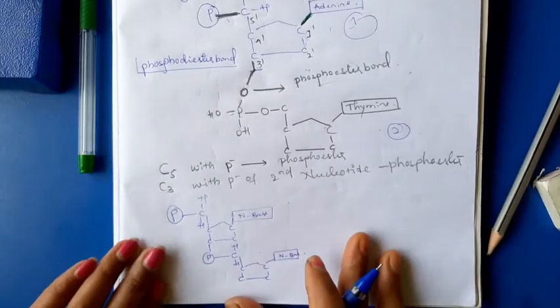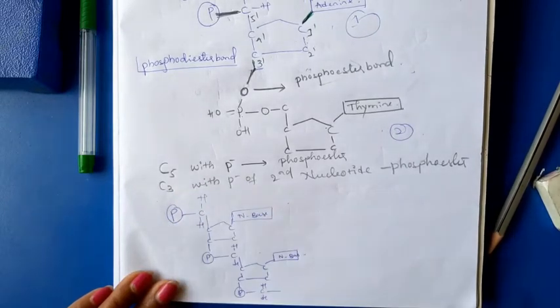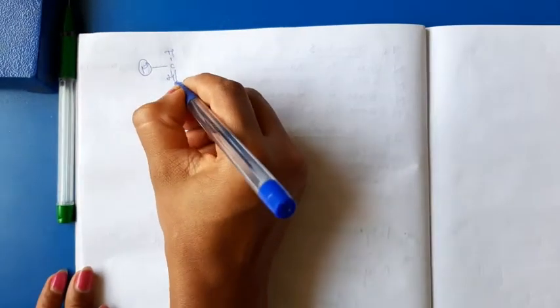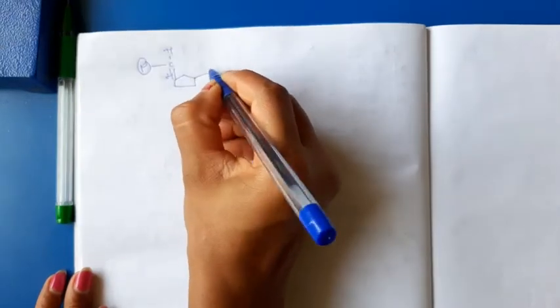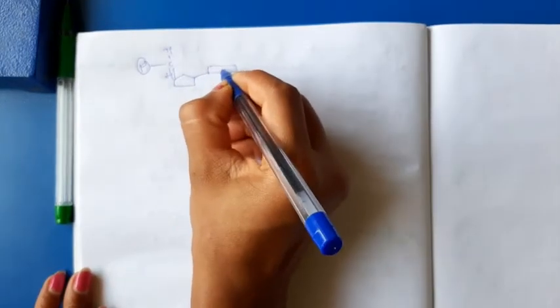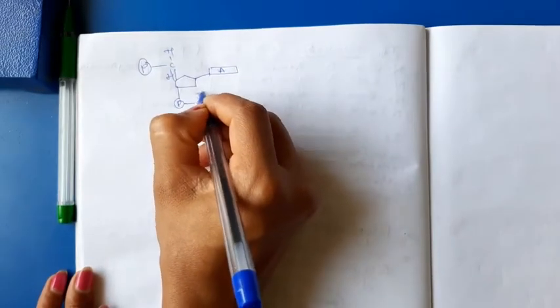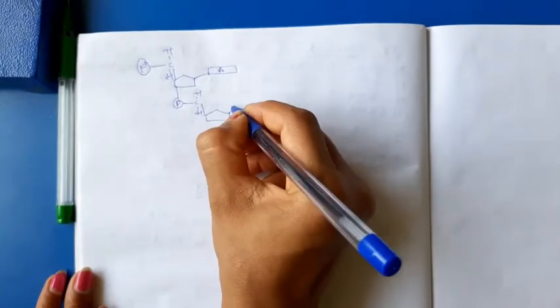The structure is the same, continues like this. Just I will write P, C, H, H. Again it is going to be attached with, here you can see the adenine, then P, C, H, H, this C attached with another deoxyribose.